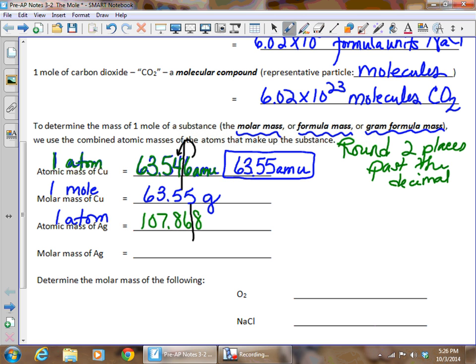I don't care if you've got a line drawn after 2 places past the decimal on every single block for every single element on that periodic table. I want you to know how to round it to 2 places past the decimal. Since that next number is an 8, we're going to round up that 6 to a 7, and we end up with 107.87. And remember, it's for 1 atom, so the very tiny units of AMUs, atomic mass units.